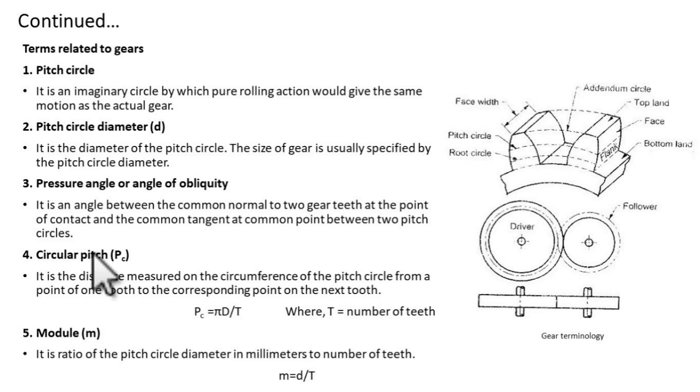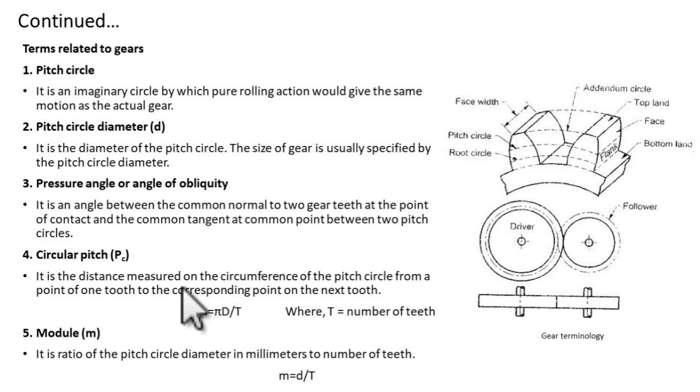Now, what is pitch? Pitch is the distance measured on the circumference of the pitch circle between two consecutive teeth, from a point on one tooth to the corresponding point on the next tooth.